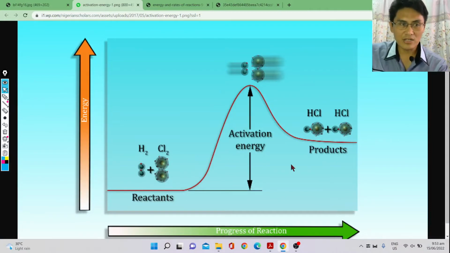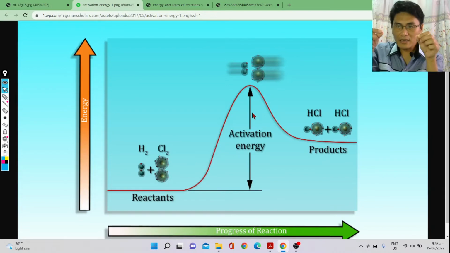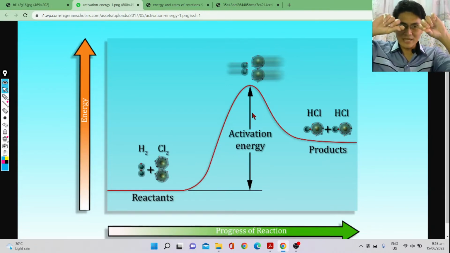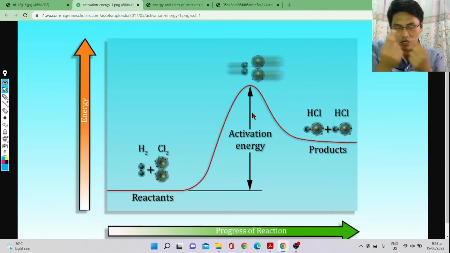Sometimes the activation energy is small, so that even by mixing two liquids, the kinetic energy they have as they move and jiggle around in the liquid is already enough to comply with activation energy.